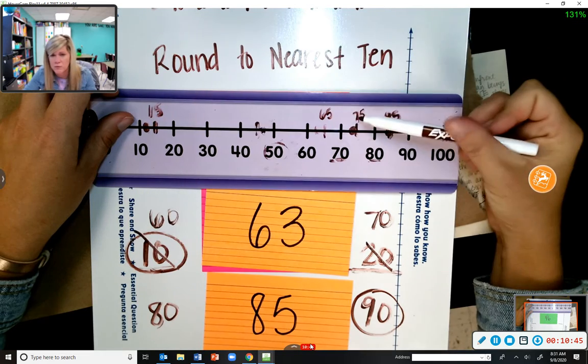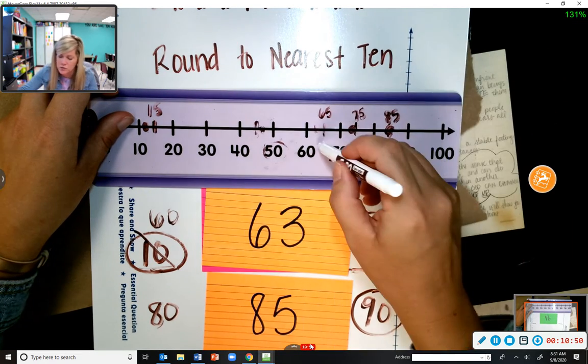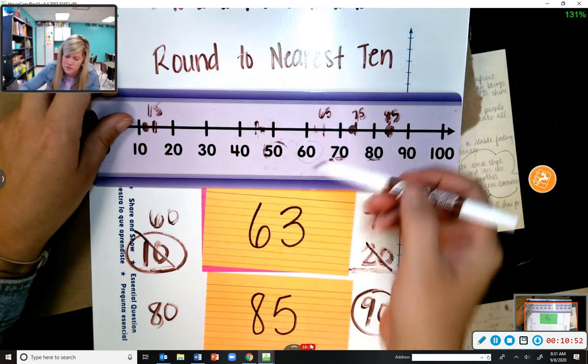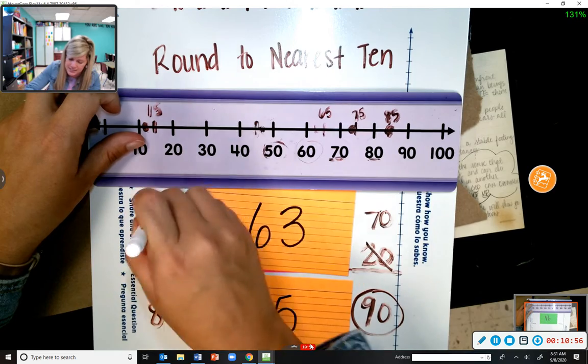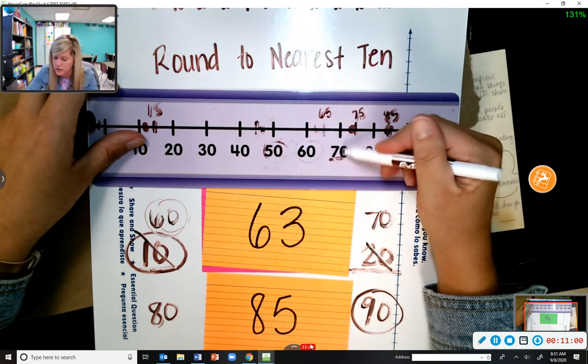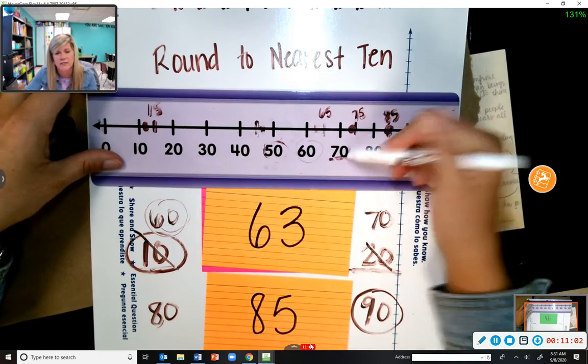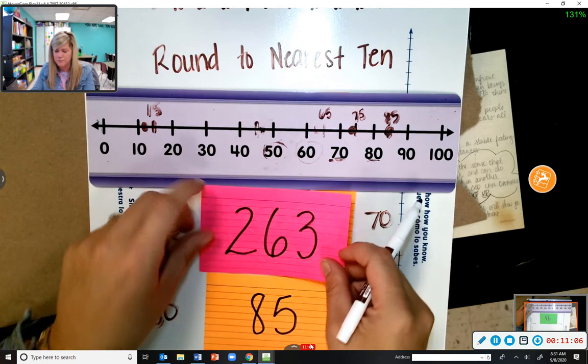So remember, if it's less than halfway, it's going to be closer, and we round down to that lower number, 60. If it's in the middle or to the right, we would have rounded up to 70. Okay? Now, let's look at this one.